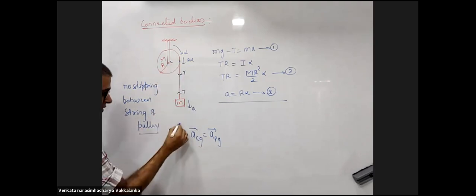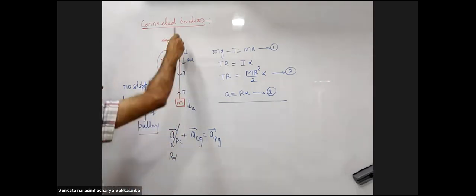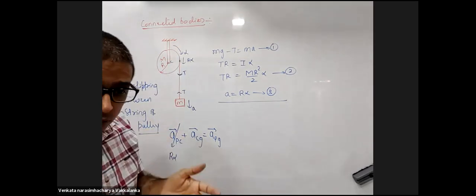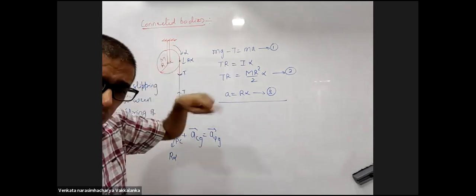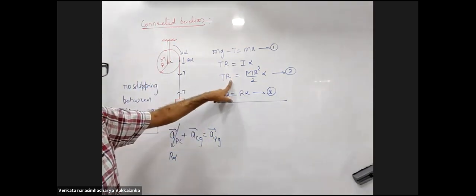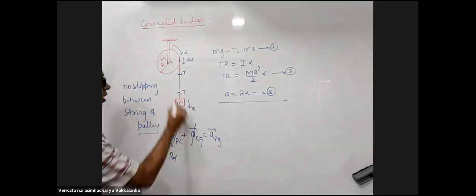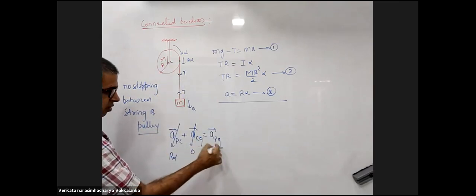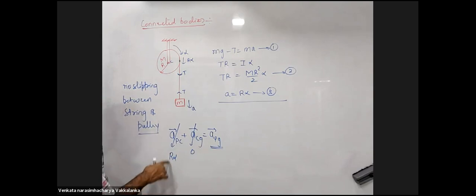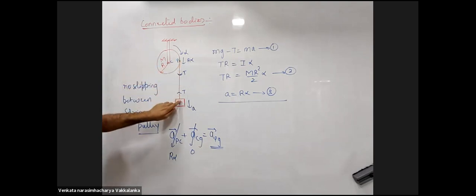Acceleration of point P with respect to center of mass is R alpha in the downward direction. Why are you taking downward direction here? Because alpha is in the clockwise. Who told you that alpha is in the clockwise? Your equation told me alpha is in the clockwise. Acceleration of center of mass with respect to the ground is 0. So acceleration of the point P with respect to ground is R alpha. This is point P. Two ends of the string should have the same acceleration along the length of the string.